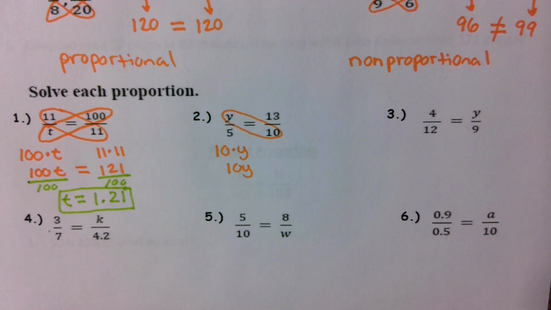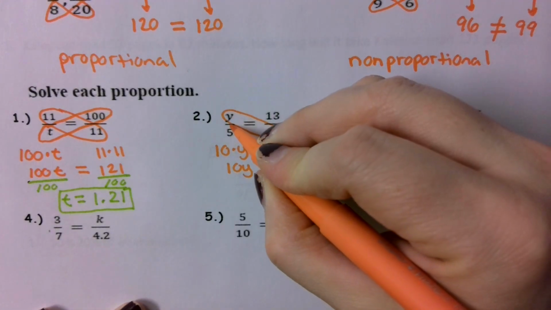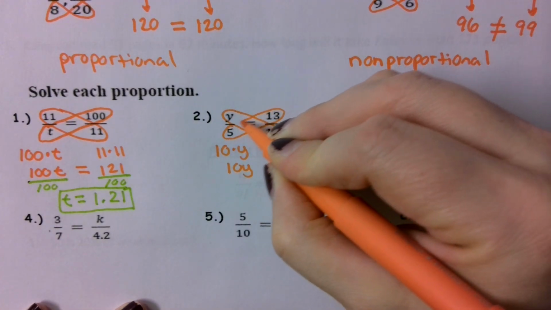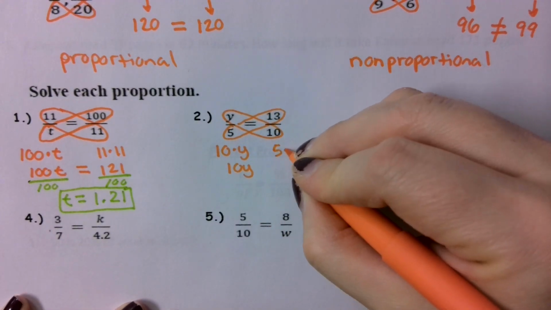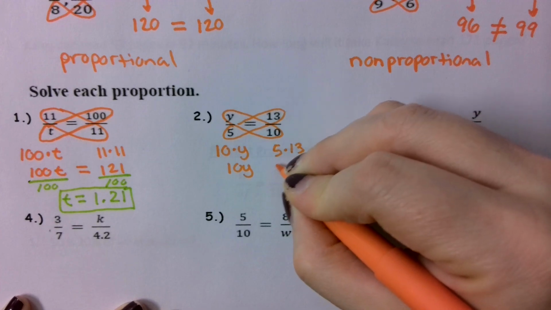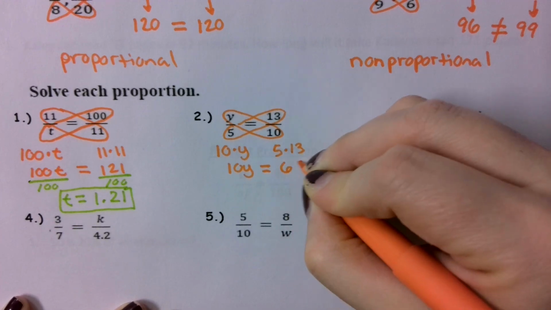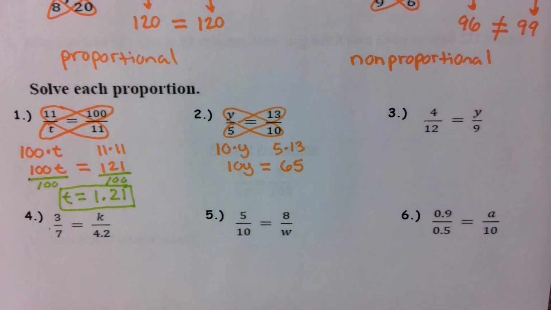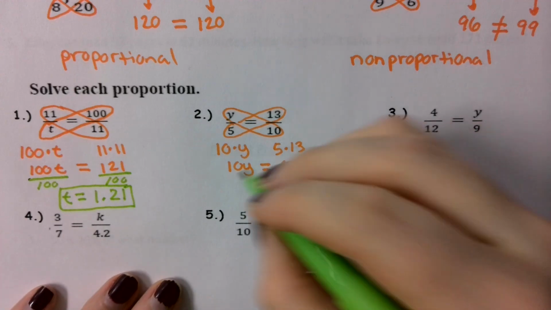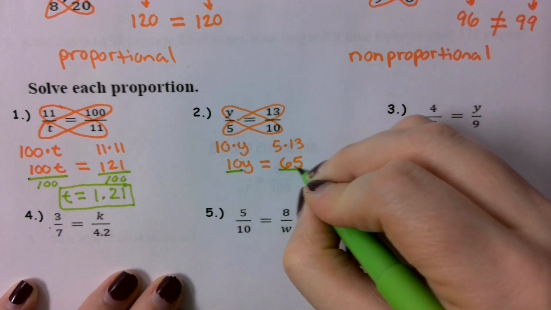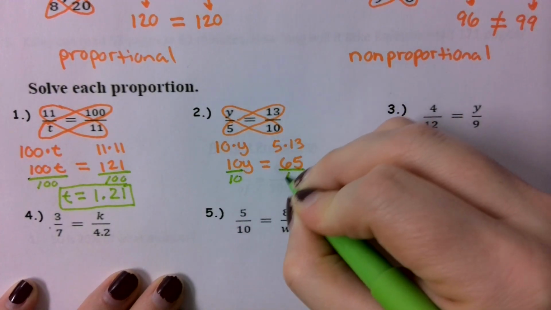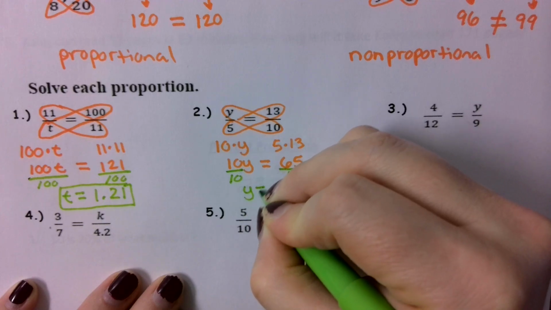We're also going to multiply 5 and 13. So 5 times 13 is going to equal 65. So then we're going to go ahead and divide both sides here by 10. And we'll get y is equal to 6.5.